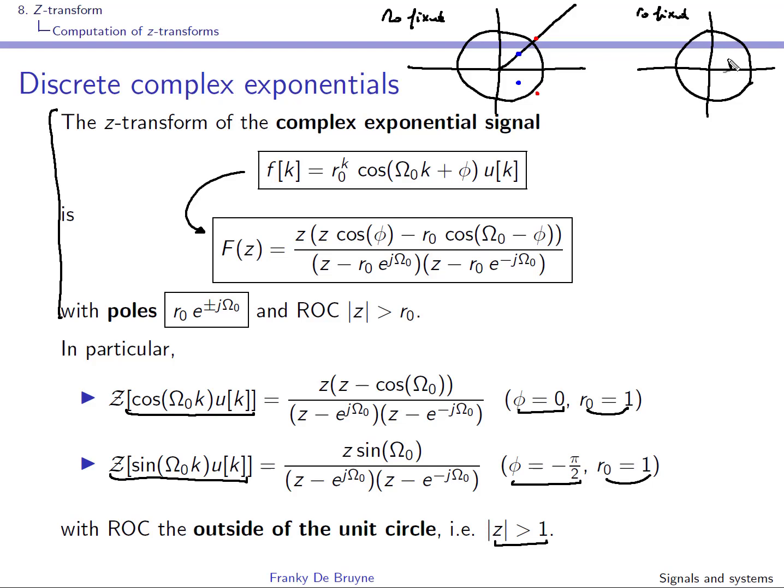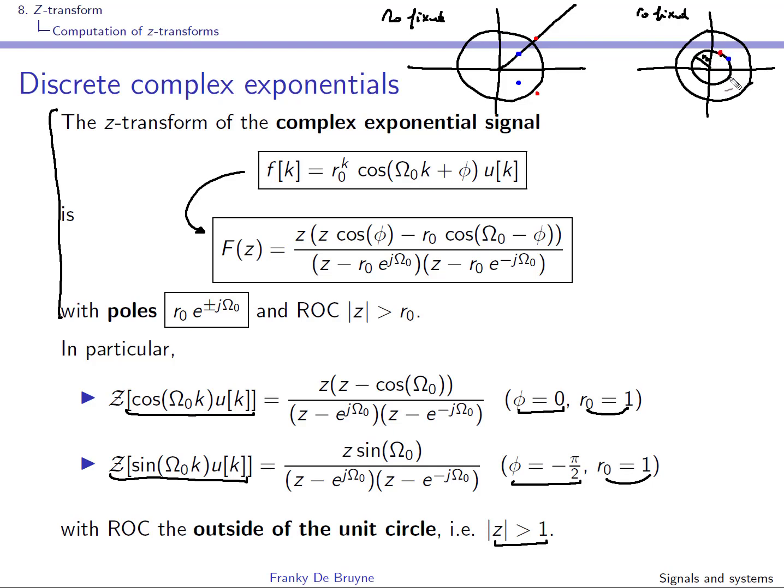So this means that you're living on a circle of radius R0, right? And what we will do is, for instance, consider two omega zeros, this one here, and for instance this one over here.